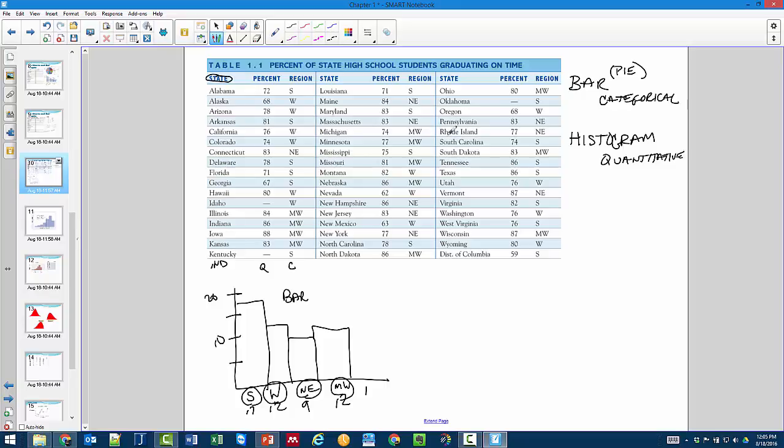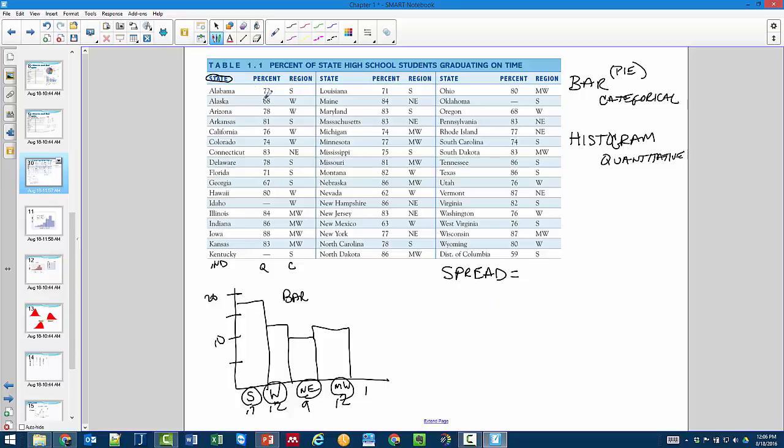So instead of doing that, in a histogram, we are going to show the distribution of quantitative variables. And it gets a little bit more difficult with this because there's no categories defined for us. So what we need to do is decide what these categories are going to be. And one of the best ways to do that is to initially take a look at something that's called the spread of this data.